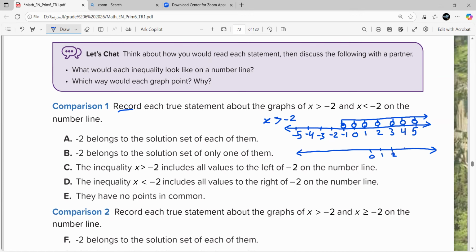1, 2, 3, 4, -1, -2, -3, -4, -5. X is less than -2, so it starts from -2.